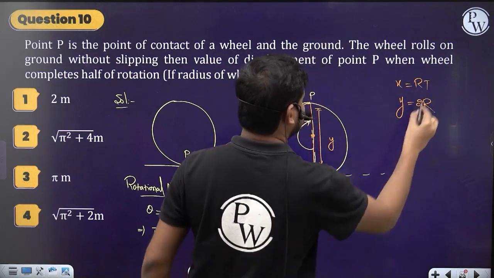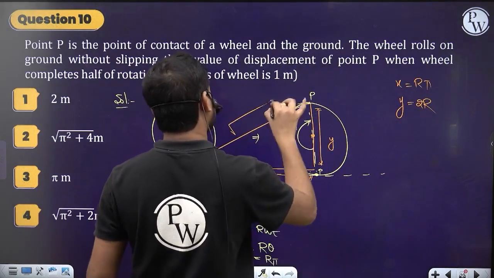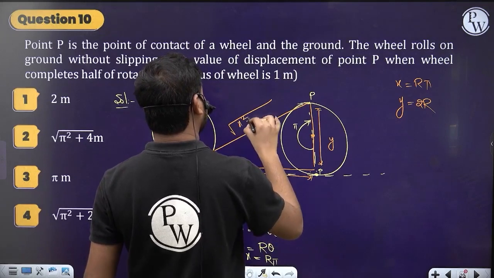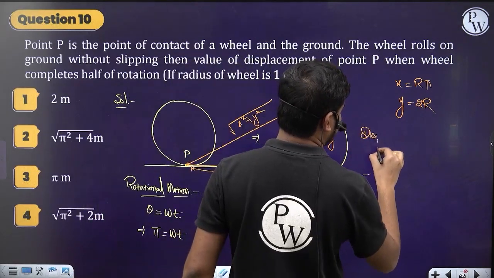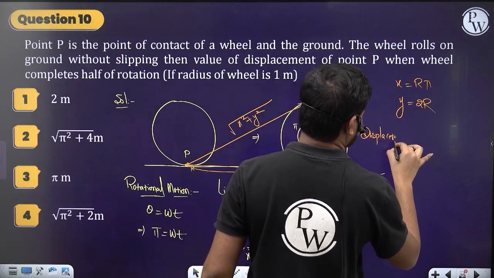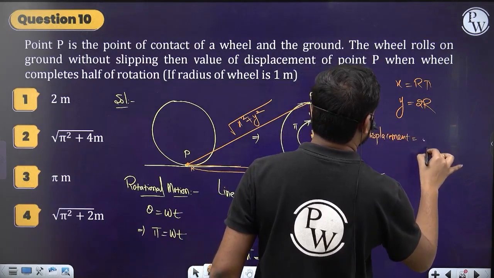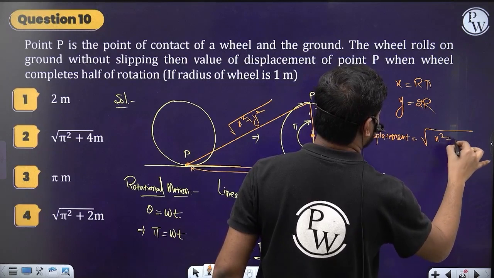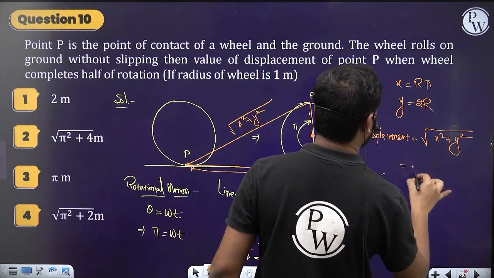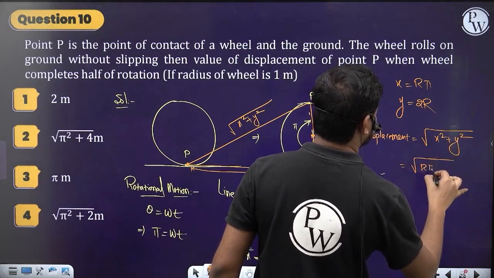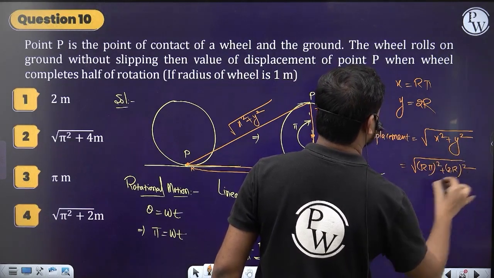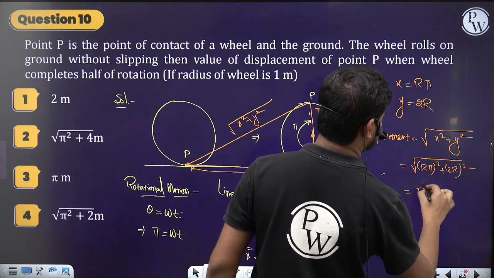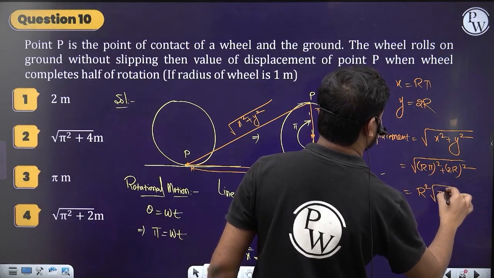So what we actually need is this whole thing, the displacement, which is the square root of x square plus y square. That is the square root of (r pi) whole square plus (2r) whole square, right? So r square you can take out, which gives pi square plus 4.